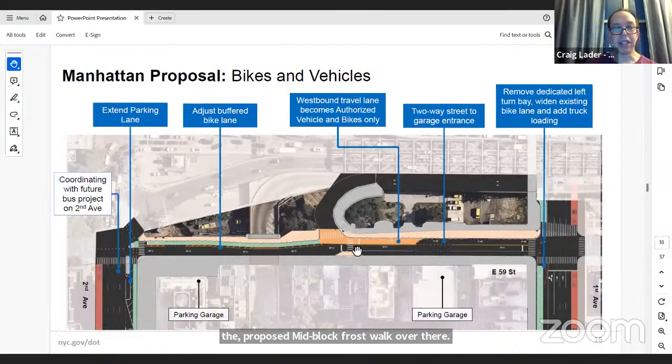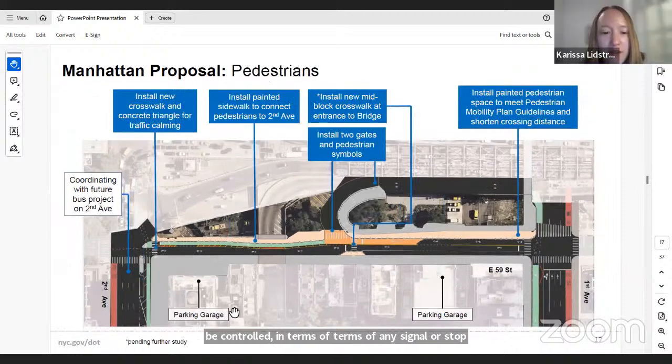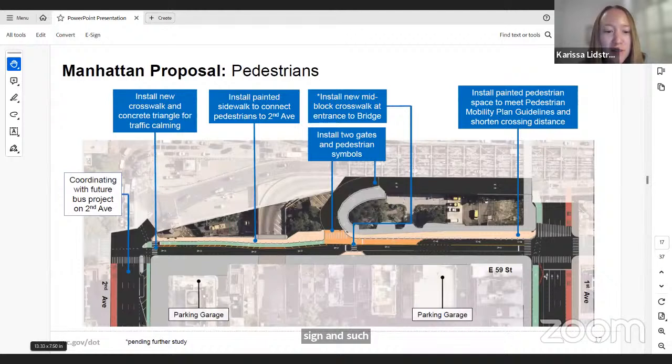Unless I missed it, did you speak to how it would be controlled in terms of any signal or stop sign and such? No, so there's a little asterisk for pending further study, but we're currently looking into what the control will be. We're hoping that we can get a stop control there.